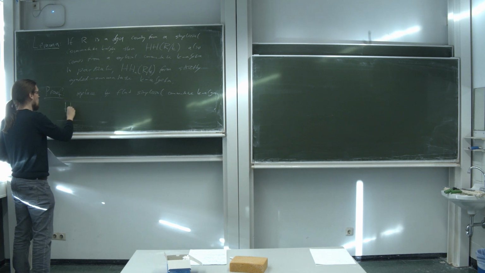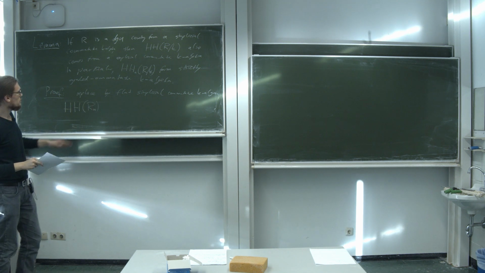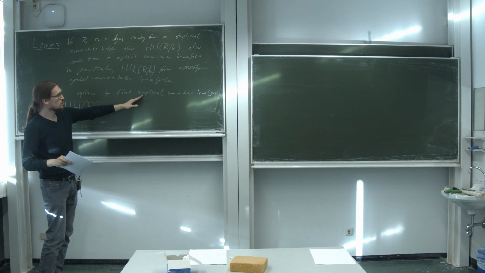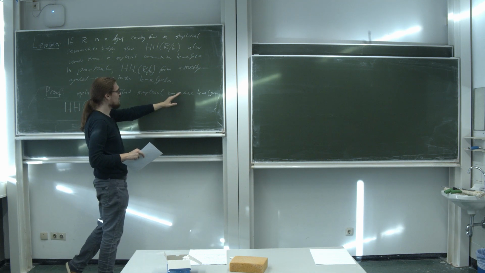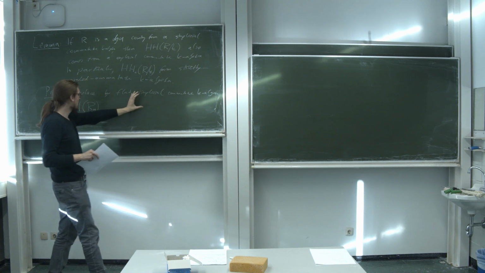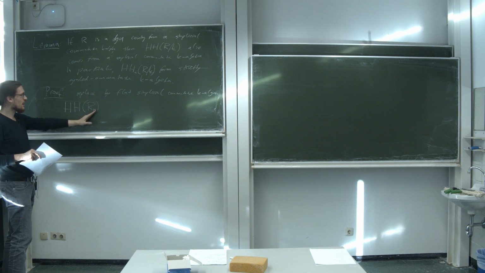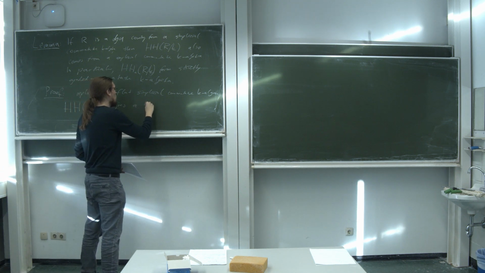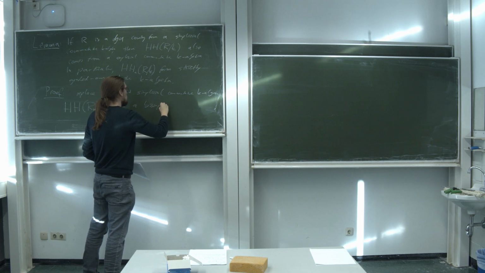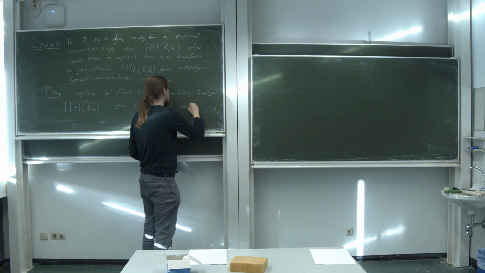So if we just take the flat commutative K-algebra in degree n here, we can just apply Hochschild homology to that, and we can do that for every n, and this gives a bisimplicial commutative K-algebra.